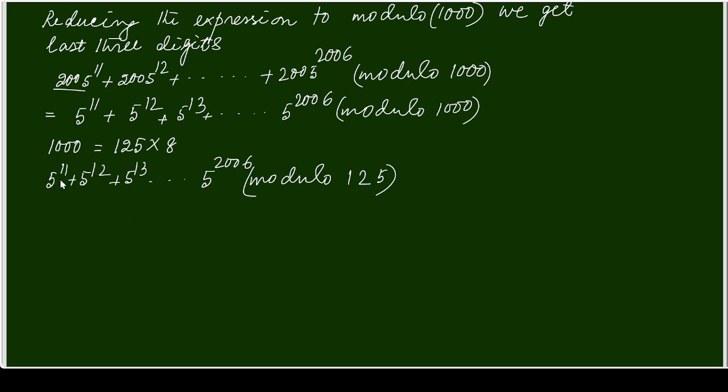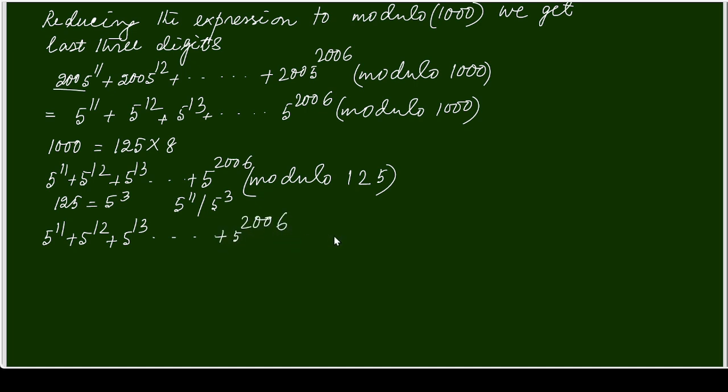Now see, 5 to the 11 is the minimum power, and 125 equals 5 to the power 3. So 5 to the power 3 divides 5 to the power 11, that is, when we divide 5 to the power 11 by 5 to the power 3, it leaves remainder 0. 5 to the 12 also leaves remainder 0. So each term of the whole series, when divided by 5 to the power 3 or 125, leaves remainder 0.